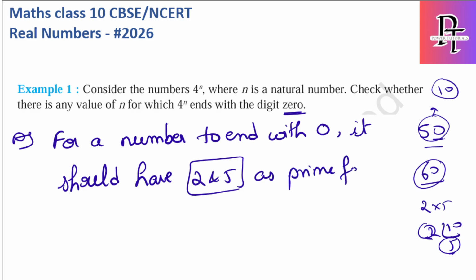Only when it is having 2 and 5 as the factors will that number end with 0, or else it will not end with 0.